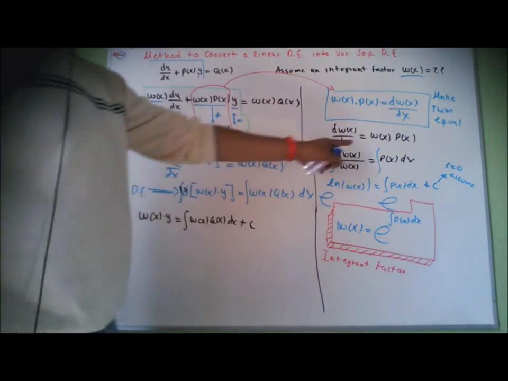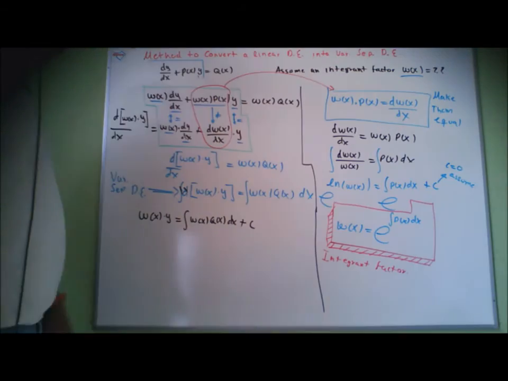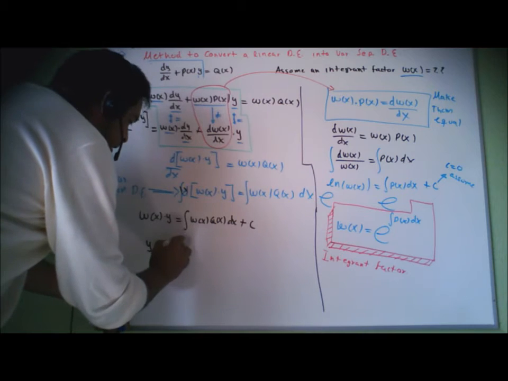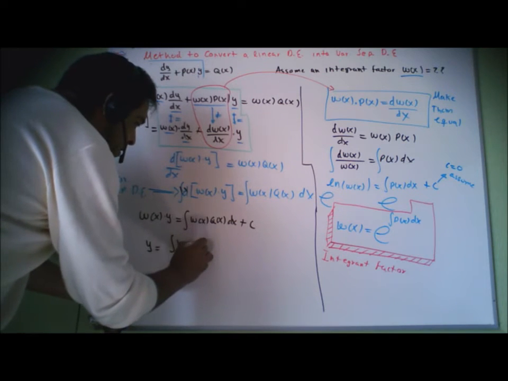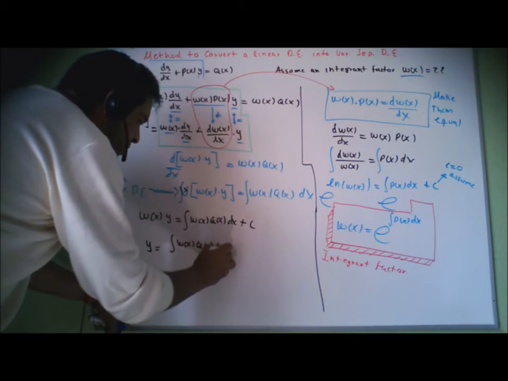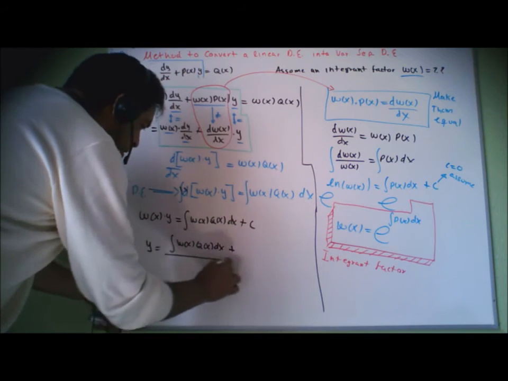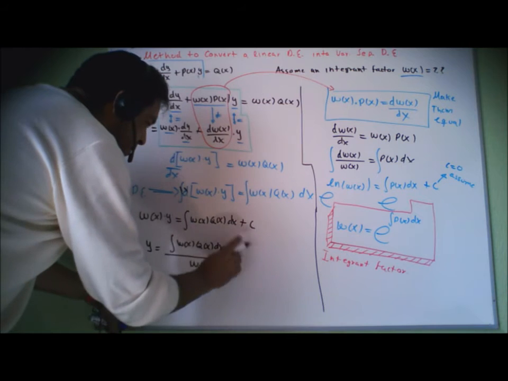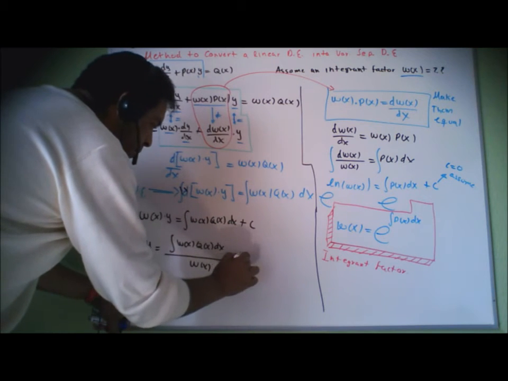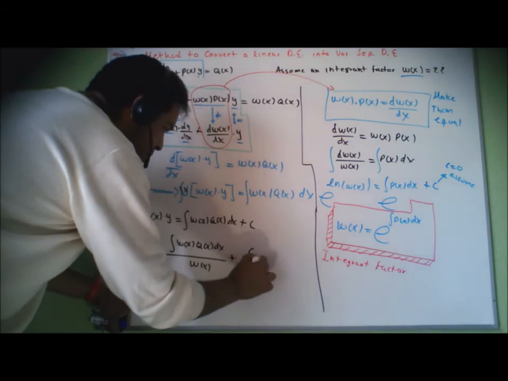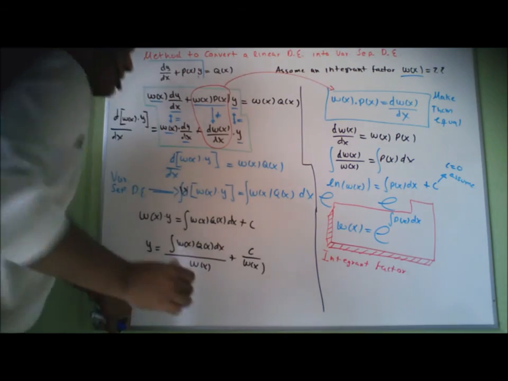That was for this integral, right? So that is different. Okay, so let's clear the y. So y is equal to the integral of w of x, q of x, differential of x, plus the constant, divided by w of x. Now let's replace the value of w of x.